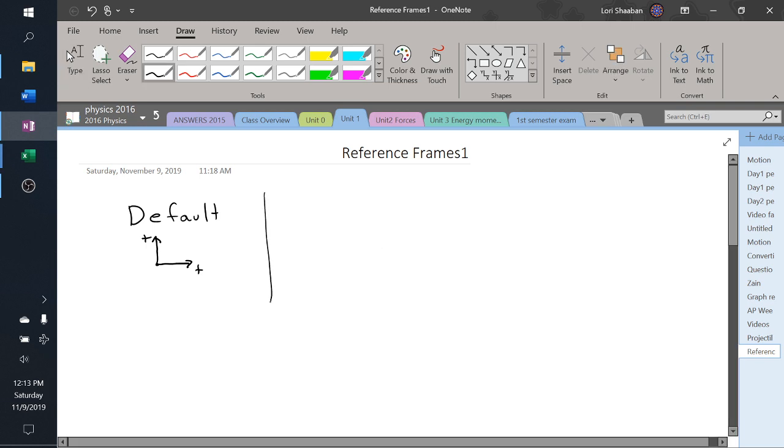Now, if you want to make things easy and things are traveling in the negative direction, then we would go ahead and just say that negative is positive. That's okay. I use that if you're only going in one direction.